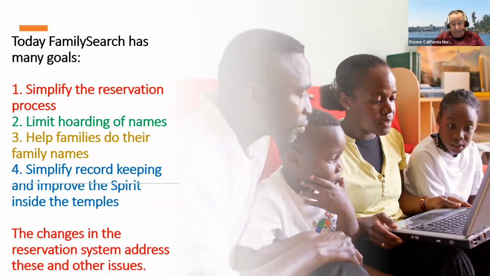Some of the changes they've made just recently were partly driven by the fact that the temple desk, the ordinance desk, became such a place of controversy and bad feelings that the church felt that needed to be removed from inside the temple. And so some of these changes are for that reason, to improve the spirit inside the temple.